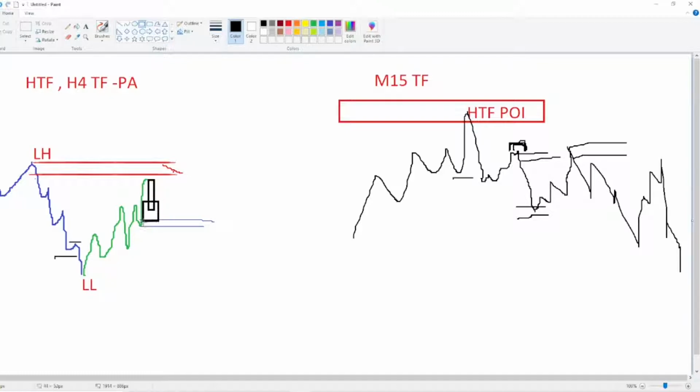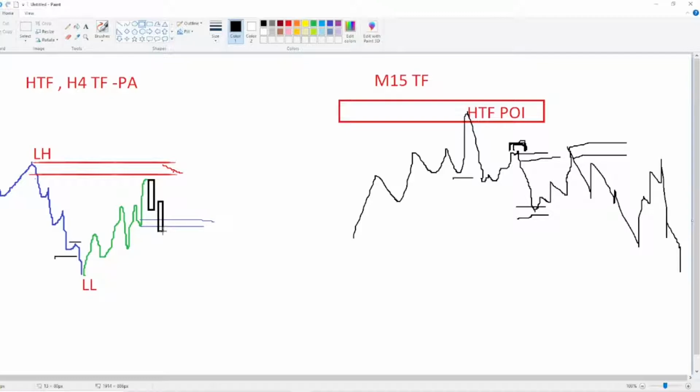This demand broke structure to the upside. It means there are orders left here. That's why the market broke structure. Here more orders are injected, more money for breaking these two highs. There is always money. When the market taps in this region, the market retraces a little bit and then breaks.